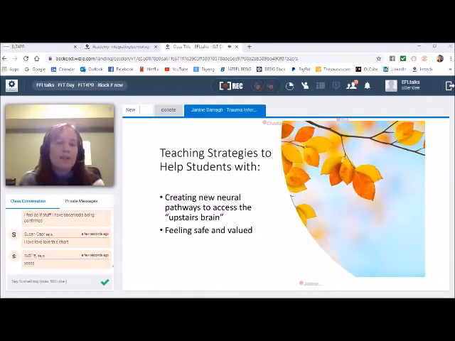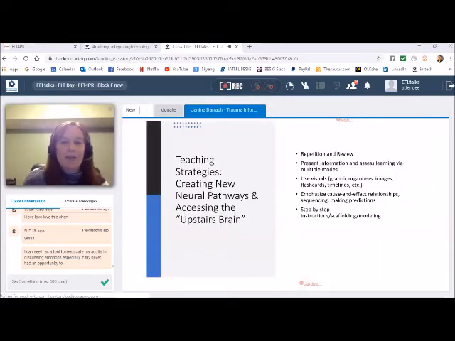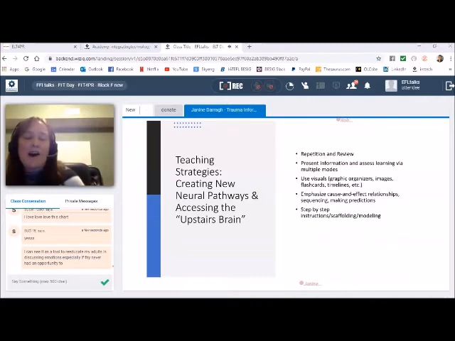So again, we want to try to create new neural pathways or new bridges to the upstairs brain, because they often get flooded with this stress hormone, and we want students to feel safe and valued. When you look at these teaching strategies that researchers have identified as helping build new neural pathways, they look like everything we already do as language teachers. So yay for us.